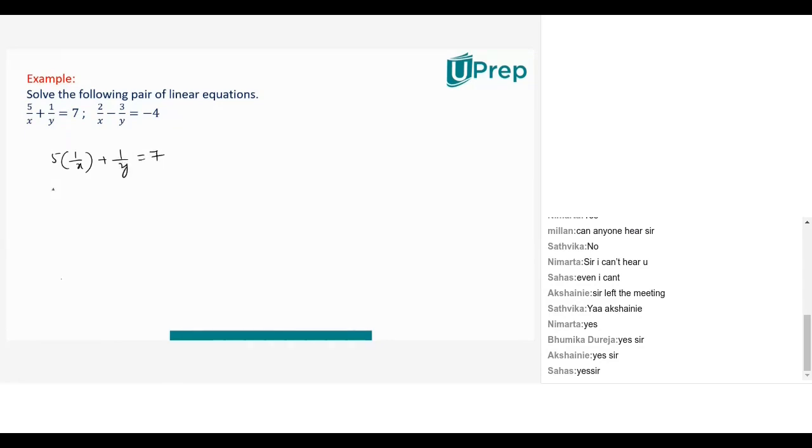Yes. That is your equation. Similarly, the second equation is 2 into 1 by x minus 3 into 1 by y equal to minus 4.